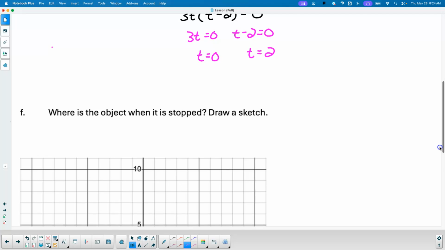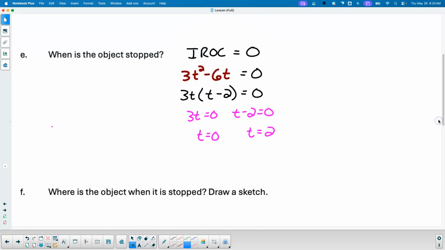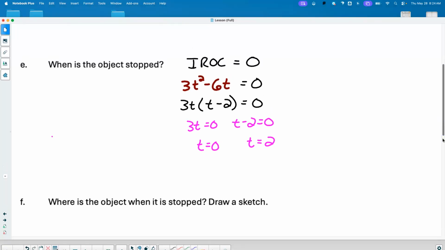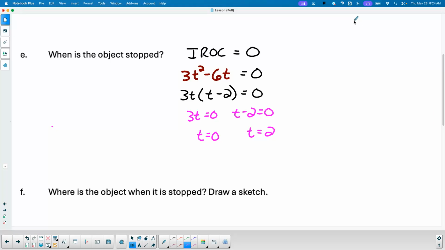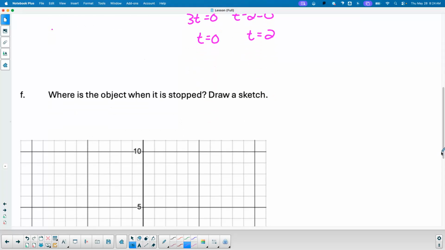Where is the object when it is stopped? At t equals 0, where is the object? We'll do it algebraically, we won't do it graphically. It's at the starting point, right?